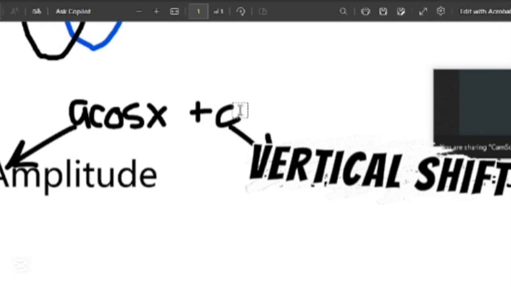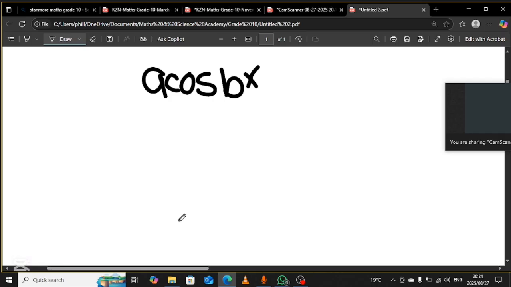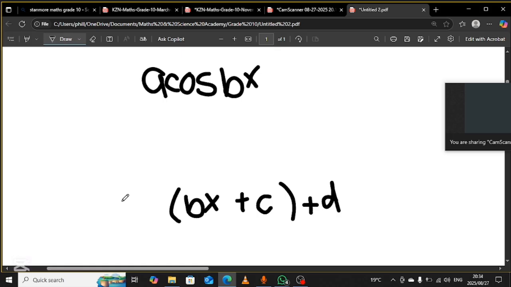But what does B stand for? Open bracket, bx plus c, close bracket, plus d. So there's maybe cos(bx plus c) plus d.